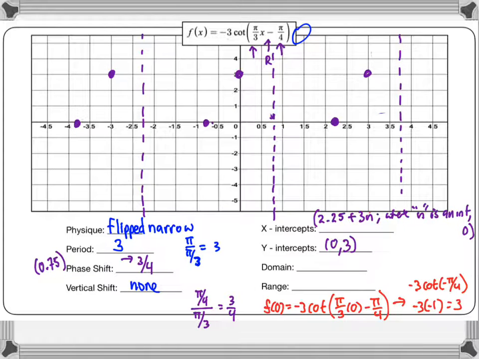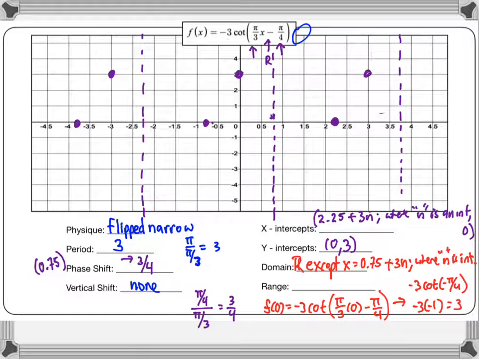The domain. Breaking the domain at that asymptote is going to be x equals 0.75, and so it's going to be all real numbers except x equals 0.75 plus, again, the distance is going to be 3 between each one of those, so 3n, where n is an integer.